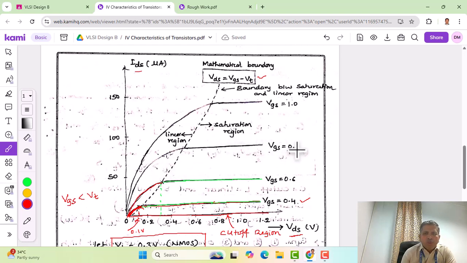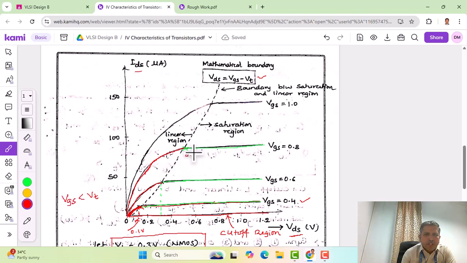So VGS is equal to 0.8 volts. So 0.5 is going to be the end of the linear region. Let me show that in red color. So from 0 till 0.5, it's going to be the linear region, and beyond that, we will have the saturation region. I will write this in red color so that we can see.